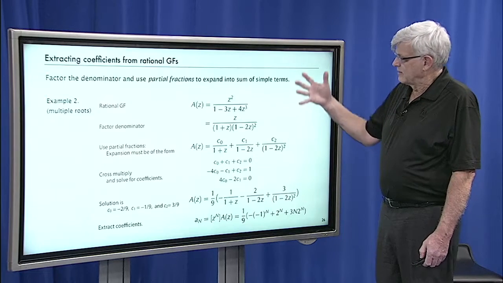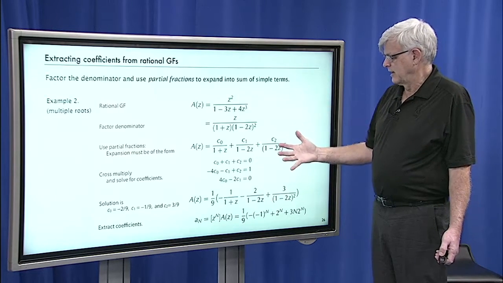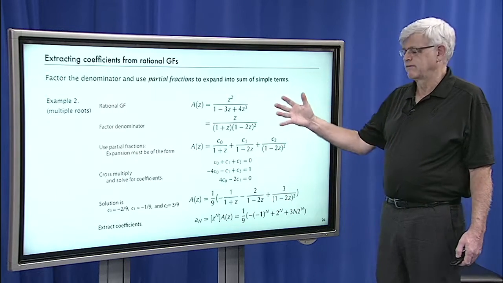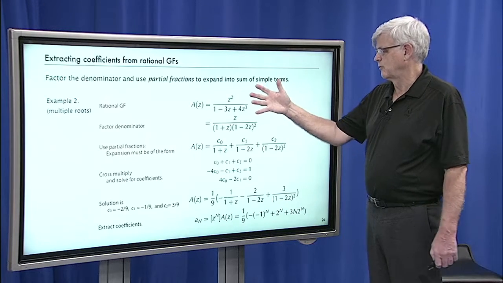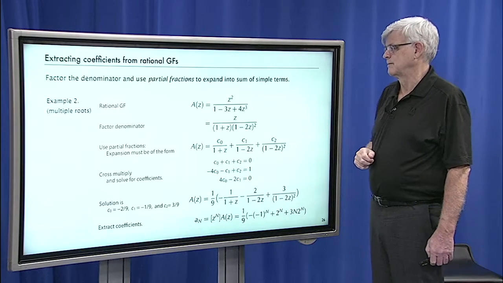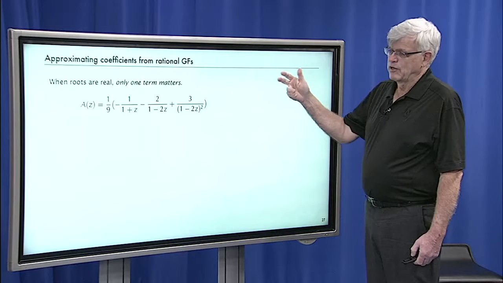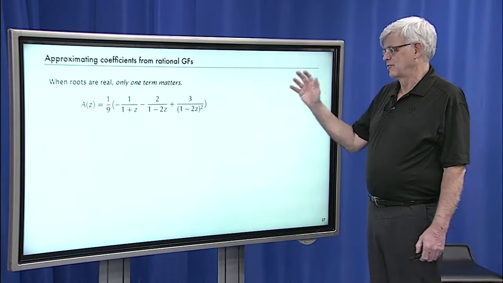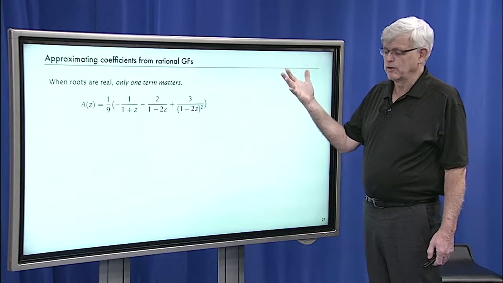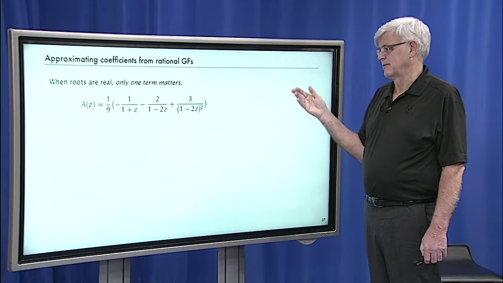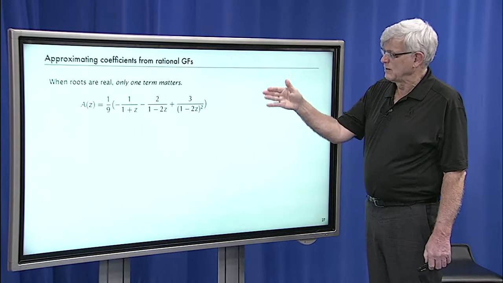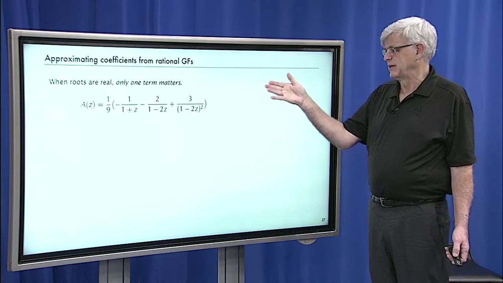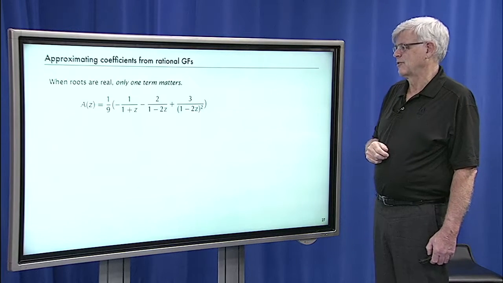And that's exactly the way we would do this if this was a real function. Now, before we go to complex functions, I just want to point out that we're going to focus on asymptotic results. So when the roots are real, we're only going to care about really one term, the largest term.